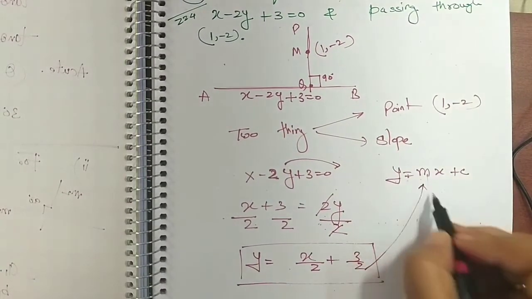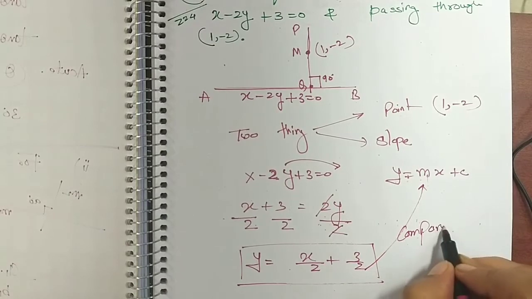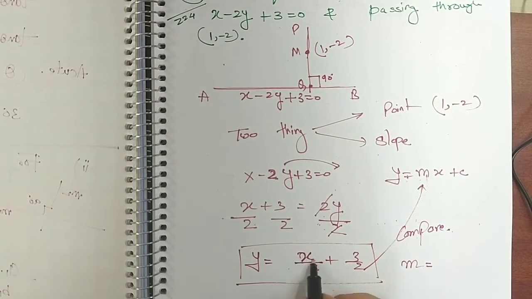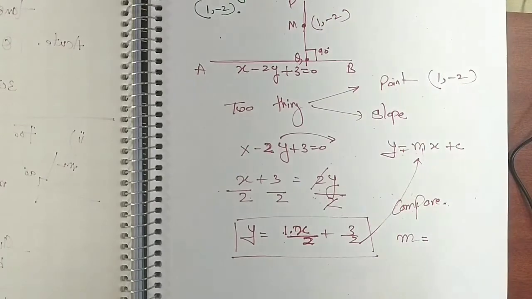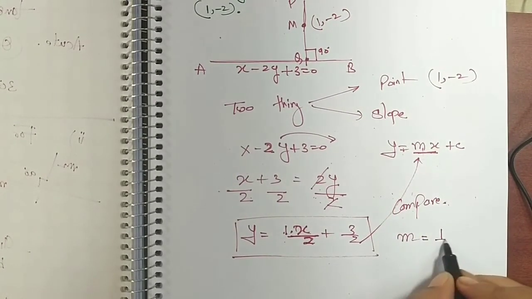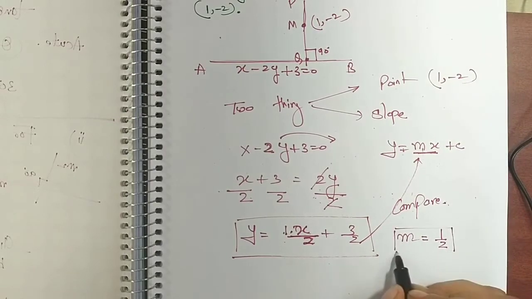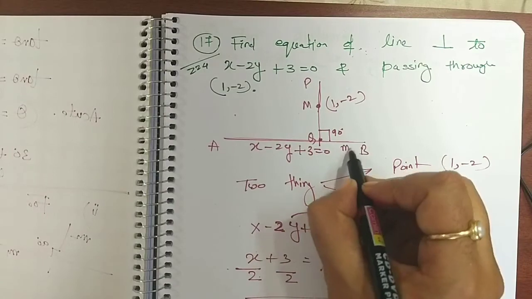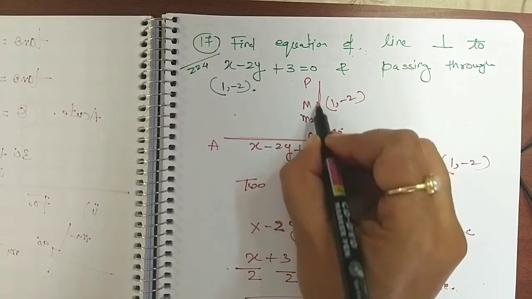Now you compare with this. From here you get m. If you compare, what is the coefficient of x? It is 1 by 2. Understood? m is the coefficient of x, which is here 1 by 2. So I got the slope of this line, guys. This is suppose m1 and this is suppose m2, the slopes.